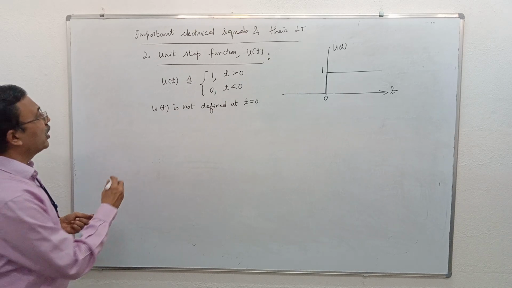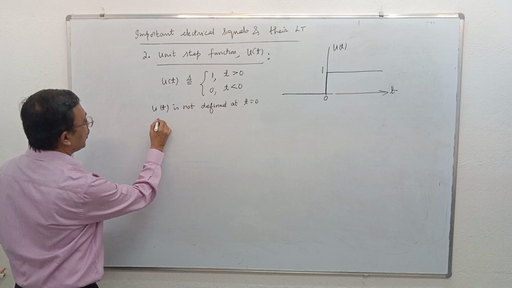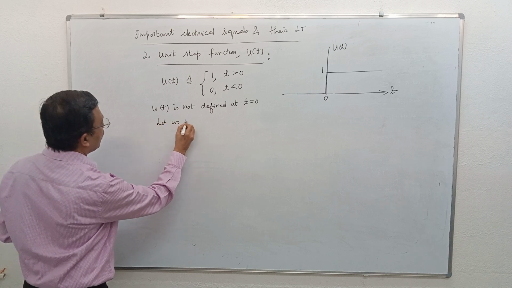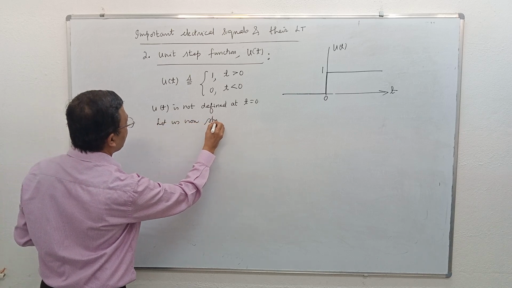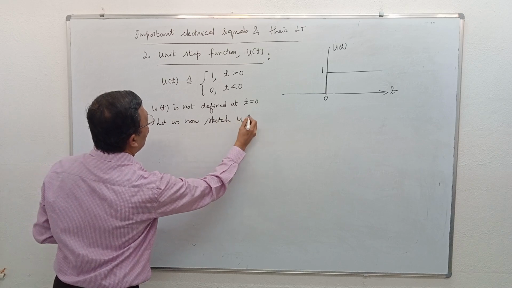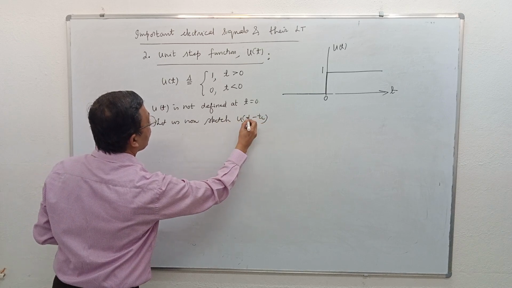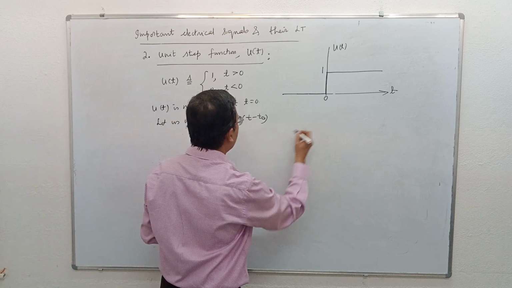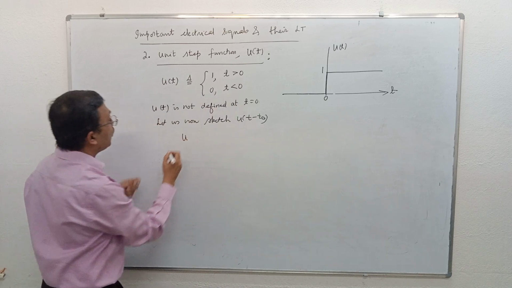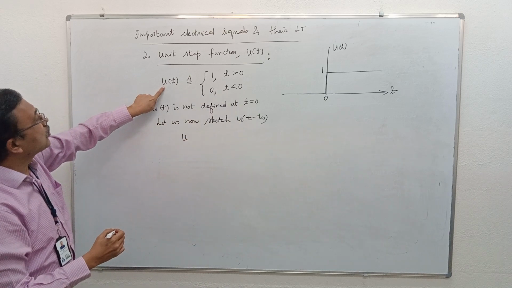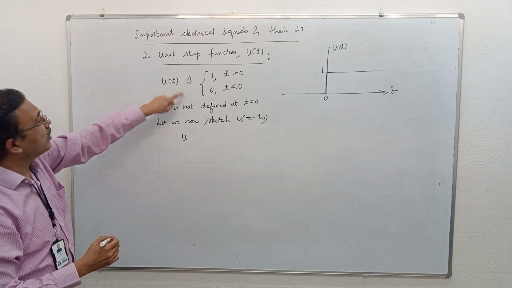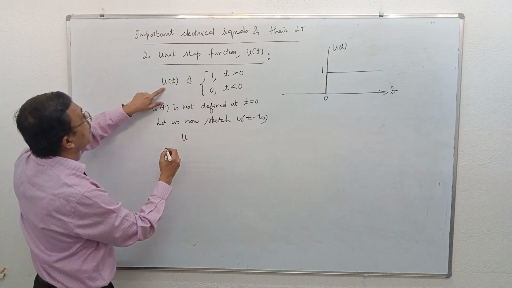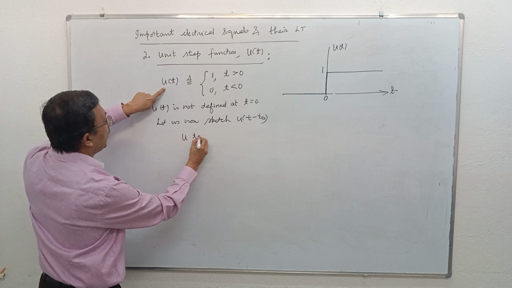Before going to that, how to sketch u of t minus t naught? See, this is u of t. So how do you get u of t minus t naught? Replace t by t minus t naught.